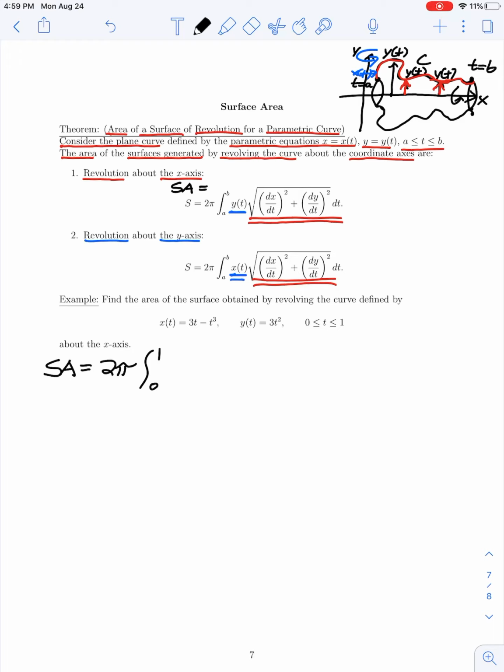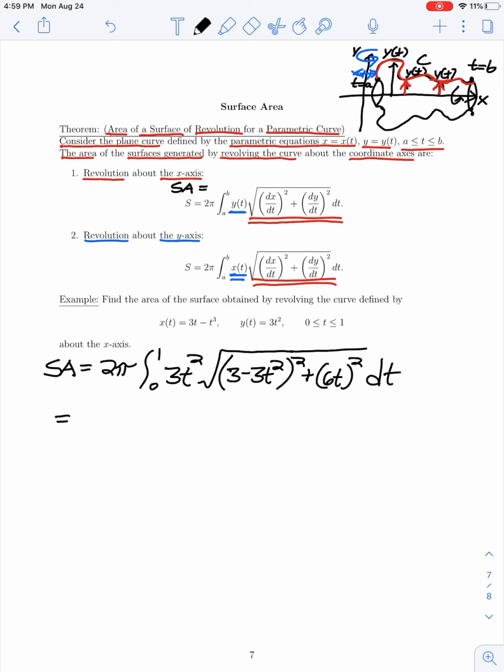Since we're revolving about the x-axis, we're taking y of t, which is 3t squared, times the differential of arc length, which is the square root of the sum of the squares of the derivatives of x and y. For the derivative of x, we have 3 minus 3t squared, quantity squared, and then adding the derivative of y, which is 6t, quantity squared, dt.